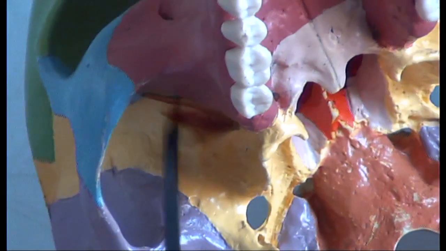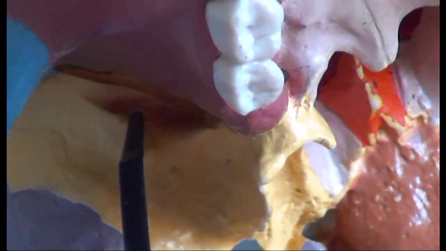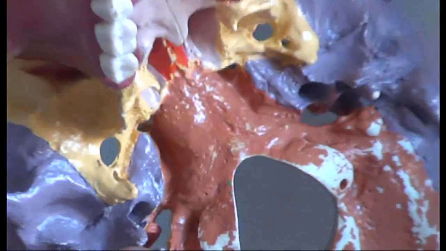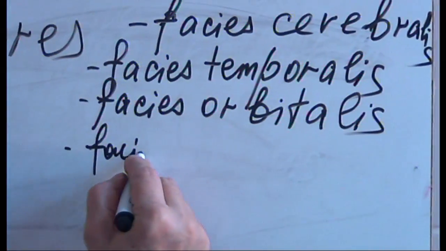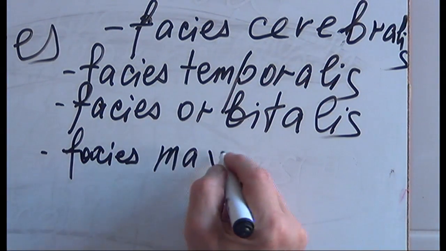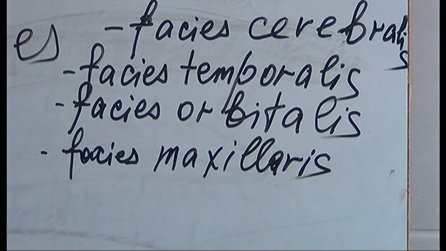Triangular shape, very small in size, facies maxillaris, because it's close to the maxilla, facies maxillaris.